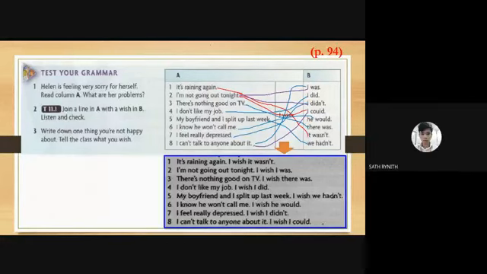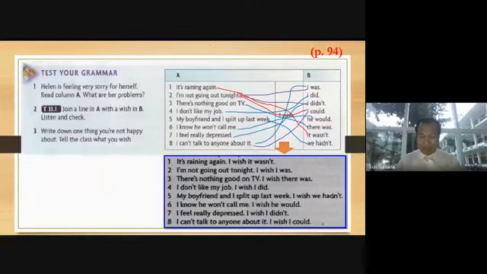Some different. Some same, some different, right? Yes.